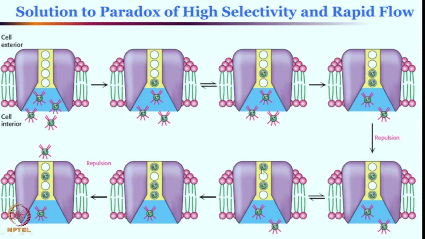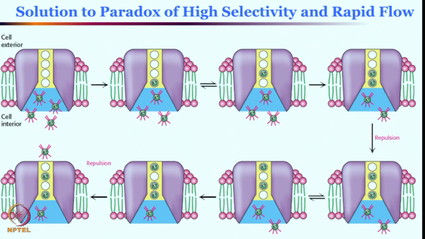So, see, systematically the first potassium is now very close to being out of the cell. Now, once again the next potassium comes in, it repels, it goes up, and during this process the repulsion of the second potassium with the first potassium causes the first potassium to come out, and that is how a potassium ion can move from the cell interior to the cell exterior.